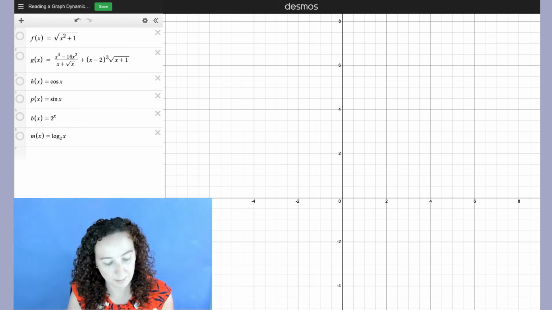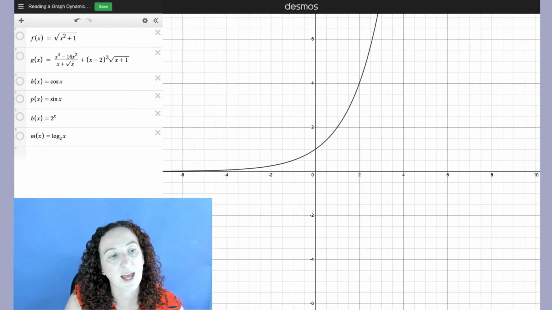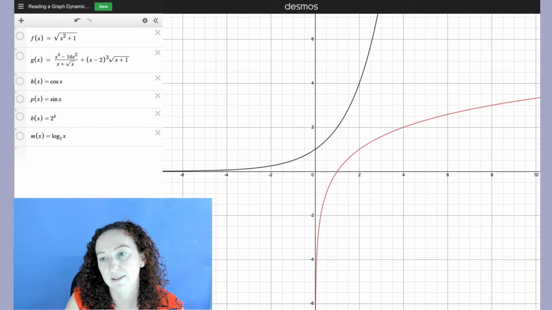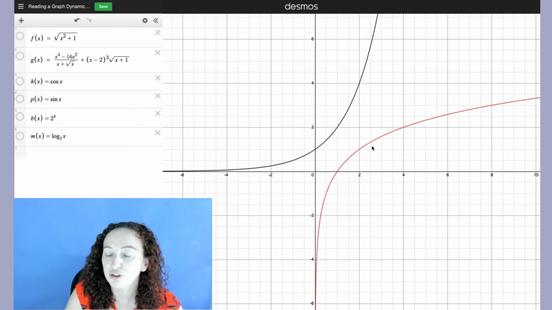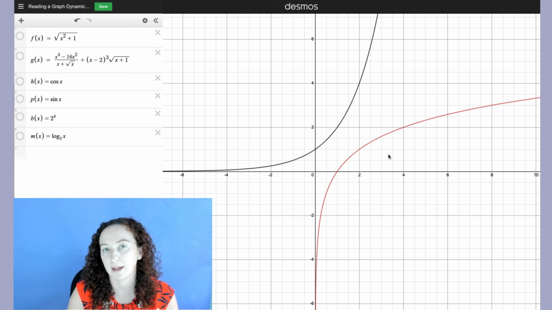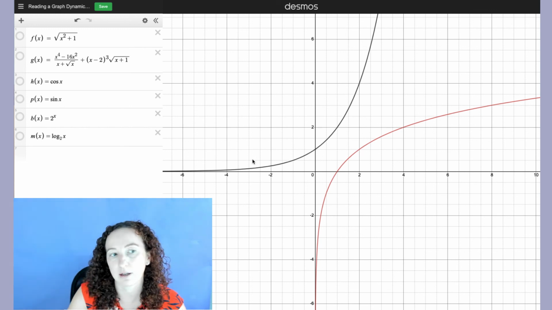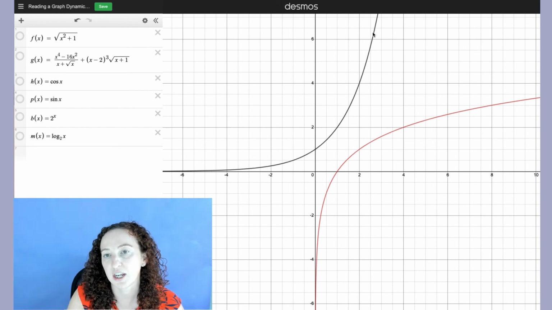Now, I'm going to keep this exponential function on my graph, and I'm going to add the log base 2 of x. On first glance, these two graphs look very different. But when you read them dynamically, they are both increasing. My exponential function increases.